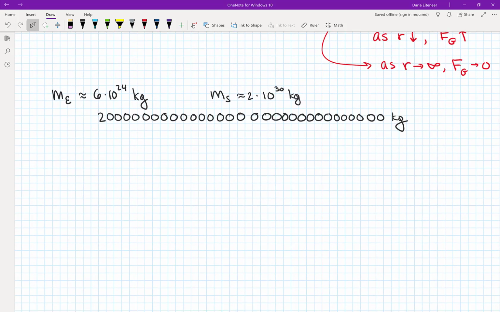So, the mass of a galaxy. Actually, I'm not even going to do a galaxy. Anybody know what is in the center of our Milky Way galaxy? There's a giant black hole. This black hole has a mass 1 million times larger than the mass of our Sun. So I can take that number and add another 6 zeros to it.